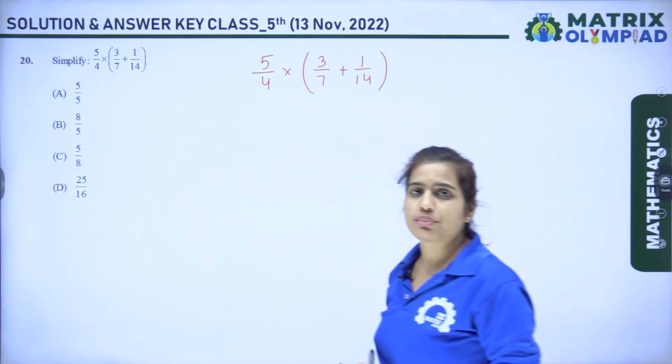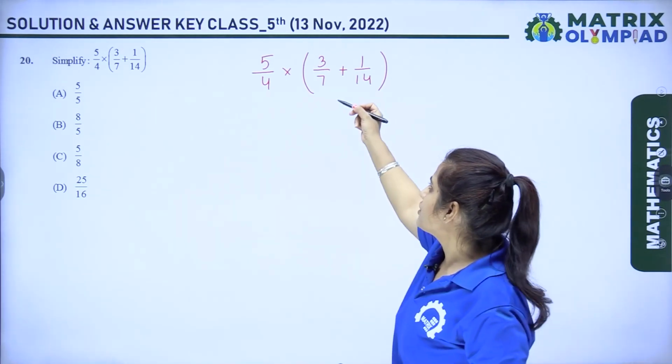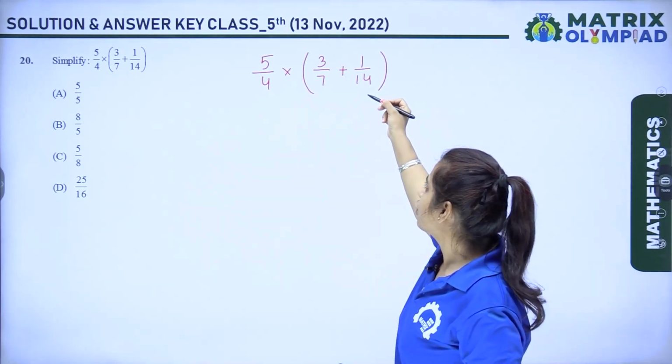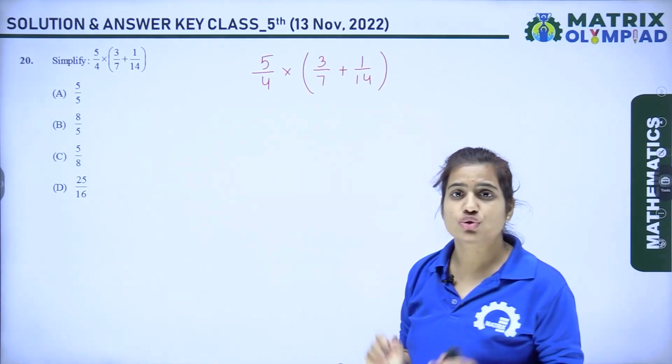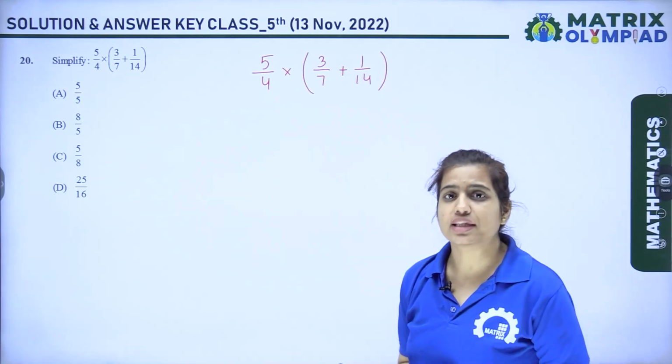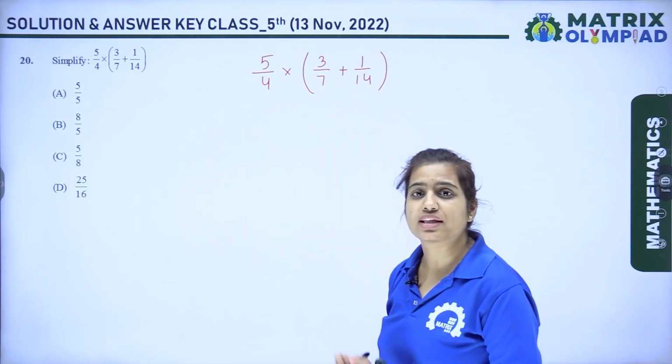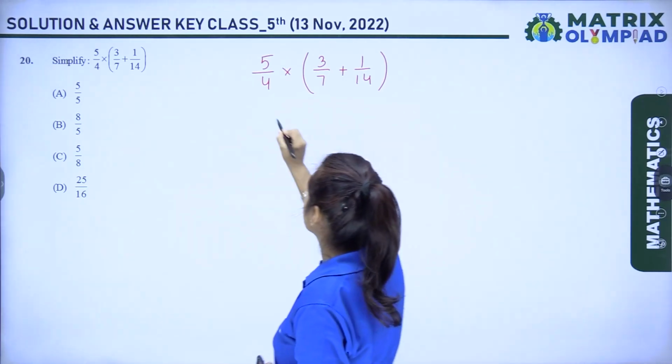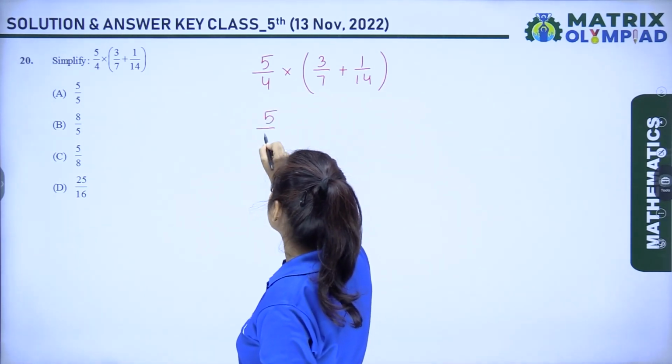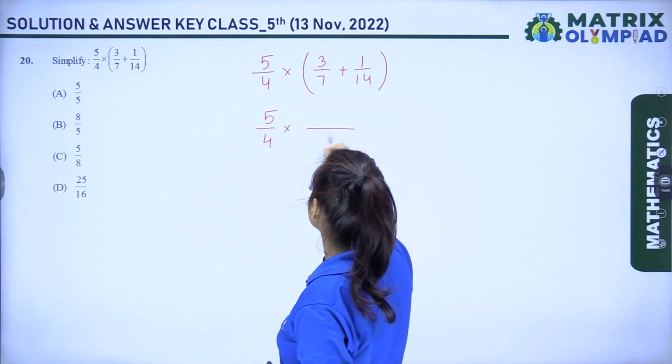First we have to solve the bracket. Here 3/7 and 1/14 are unlike fractions. So first of all we have to convert them into like fractions by taking the LCM of 7 and 14. So here the LCM of 7 and 14 is 14.